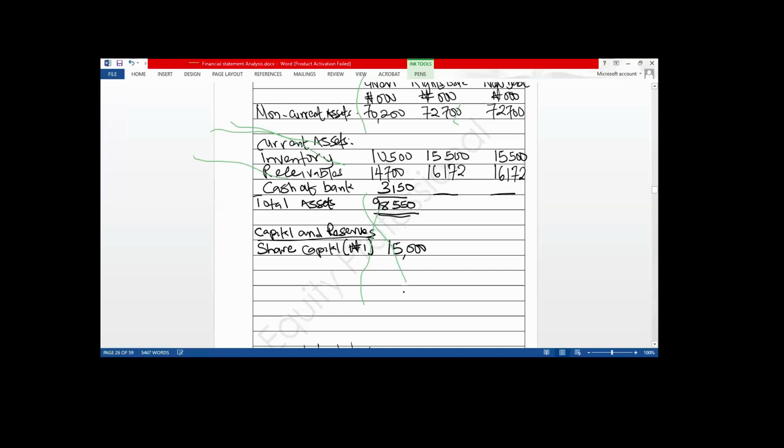Now, rights issue: if you do a rights issue, you are issuing new shares to existing shareholders. Will this affect your share capital? It will affect your share capital. That will take us to working number 7.